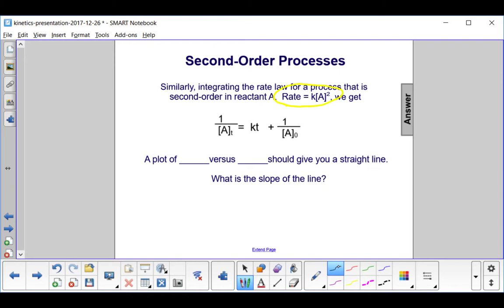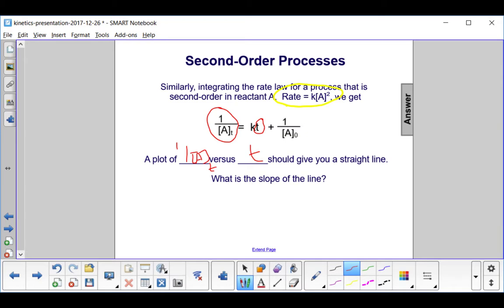And so again, we write this purposefully to look like the equation of a line, where this is my y. So a plot of 1 over [A] at t, this is my x, that'll give me a straight line.